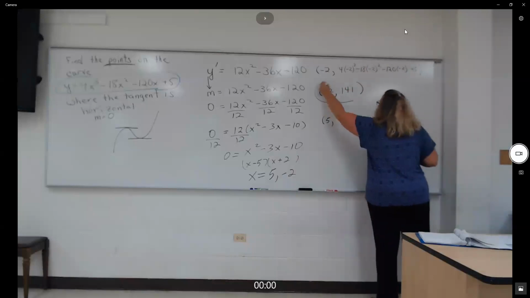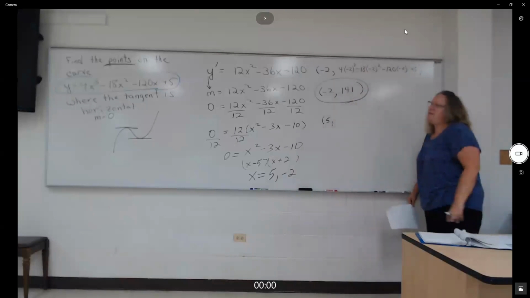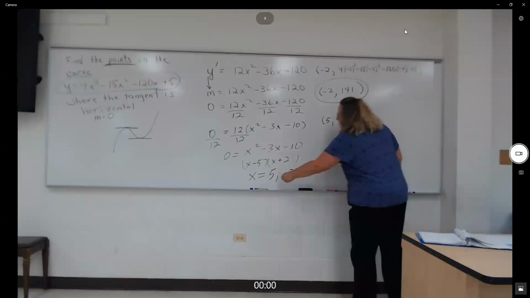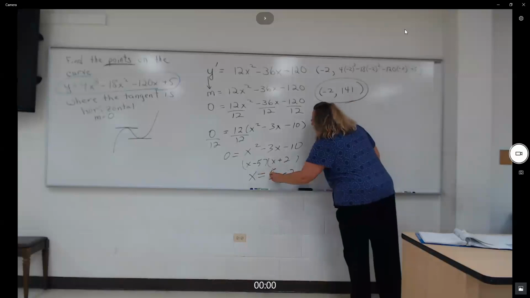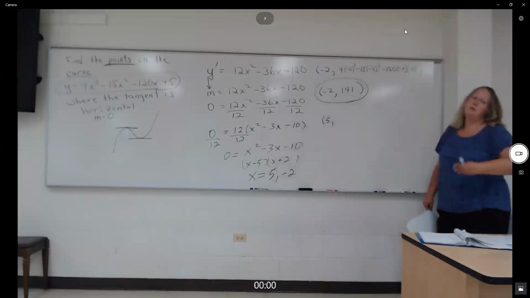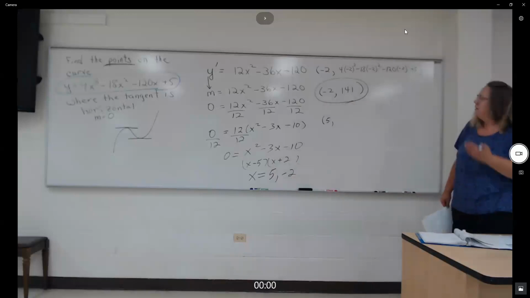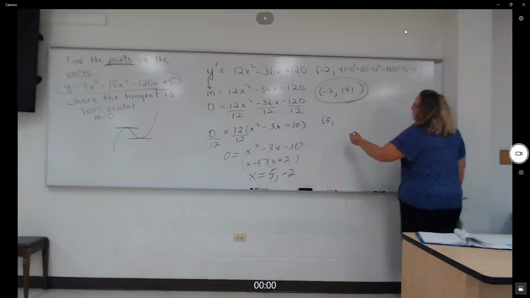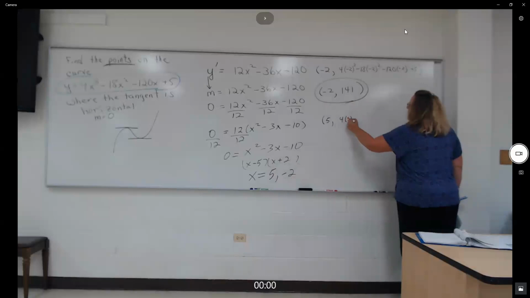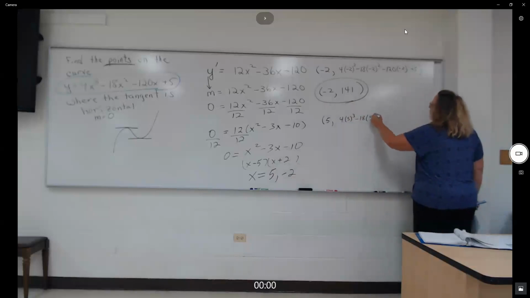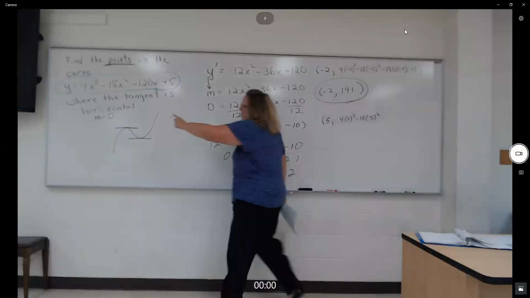Okay. And then same thing with 5. Notice it did say find the points. 5 and negative 2 is not a point. These are 2 x values, which then will produce 2 y values, or 2 whole points. So then I take the time to plug the 5 in: 4 times 5 to the third minus 18 times 5 squared. You see I'm just literally plugging it in here.